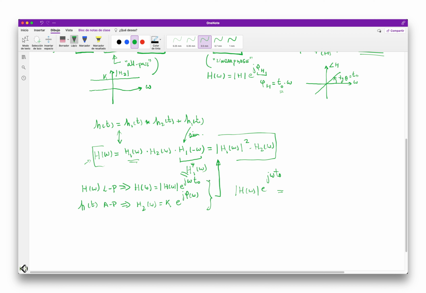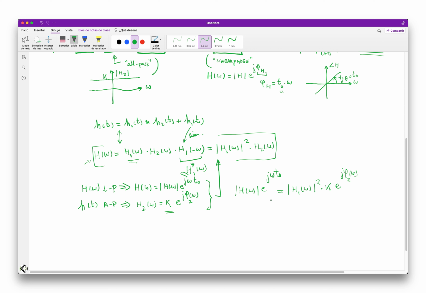And this is equal to the square modulus of H1 of omega times H2, which is a constant times a phase, whatever phase, let's call it phi sub 2, meaning that this is the phase of H2, phi 2 of omega.